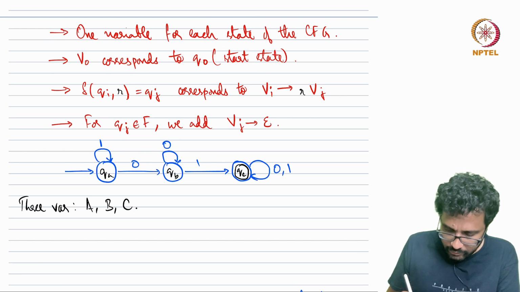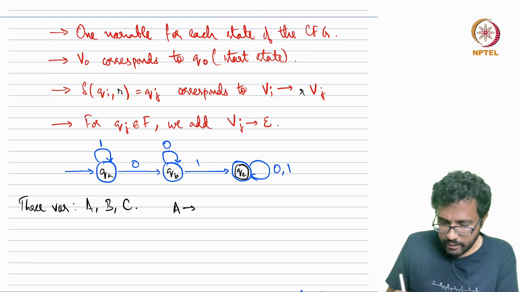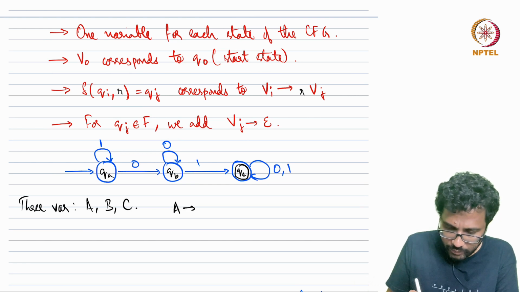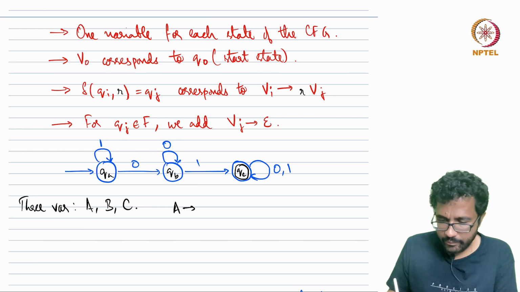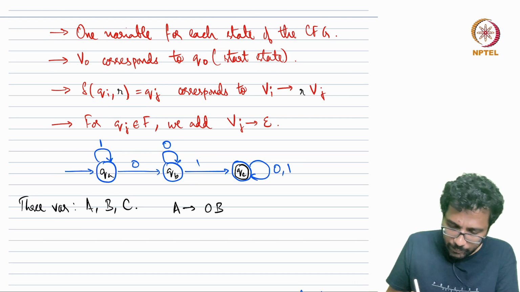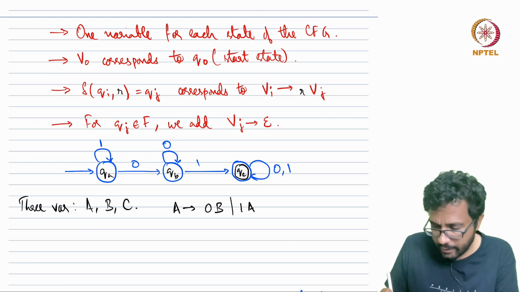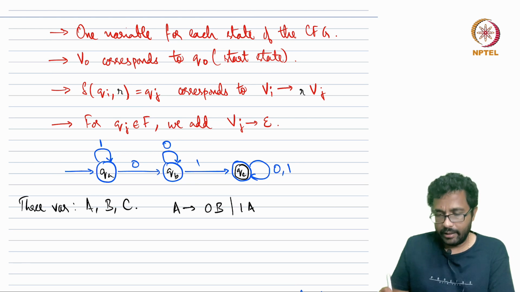So the rules here are, upon seeing a 0 from A you go to B, so the corresponding rule is 0B. Upon seeing a 1 you go to itself, so you have 1A. So A yields 0B and A yields 1A.